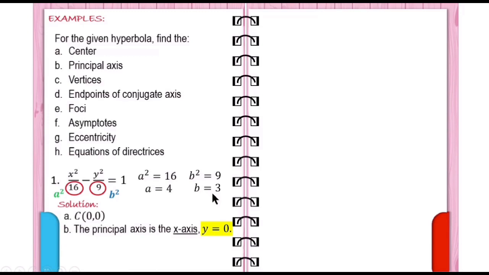To solve for c, we use the formula c is equal to the square root of a squared plus b squared, where a squared is equal to 16 and b squared is 9. 16 plus 9 is 25, and square root of 25 is 5. Thus, c is equal to 5. And as you can see, the value of c is greater than a and b.